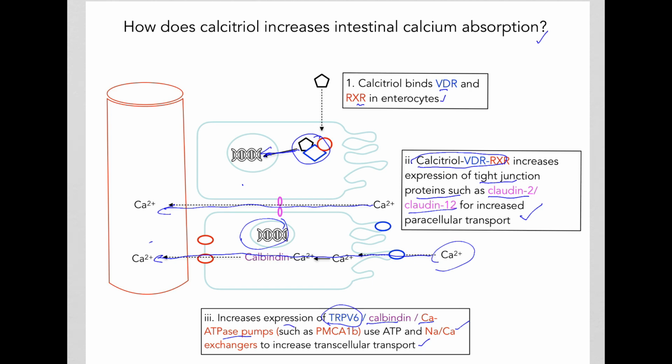So this is how calcitriol increases calcium absorption from the GI tract into the bloodstream.